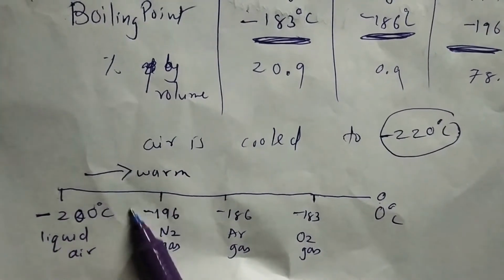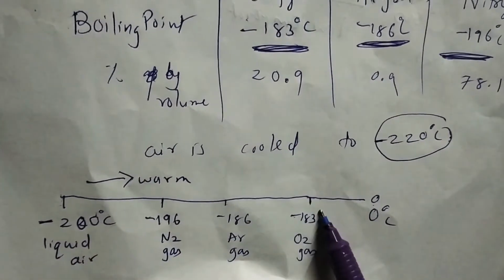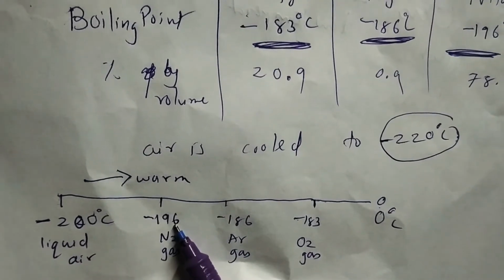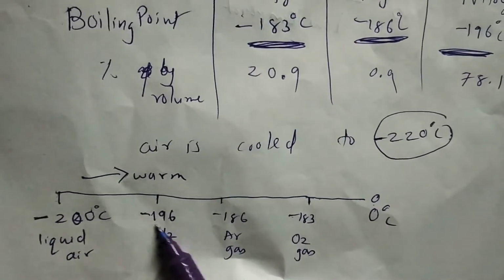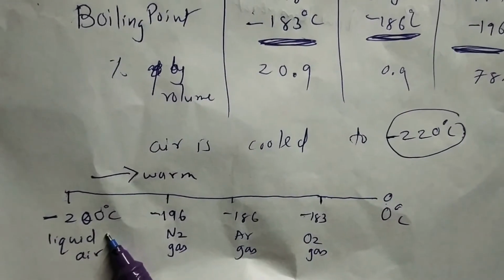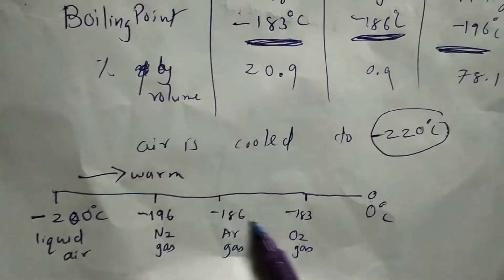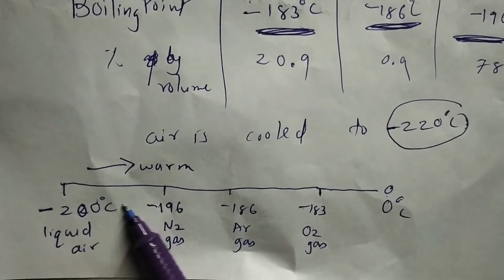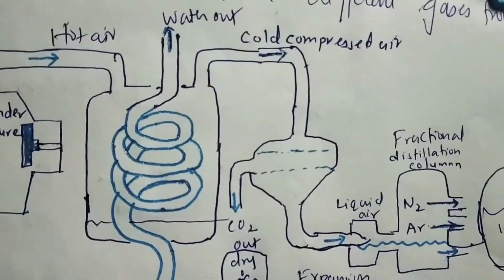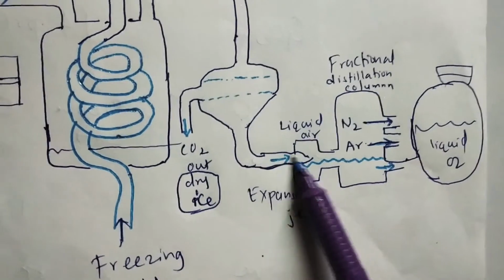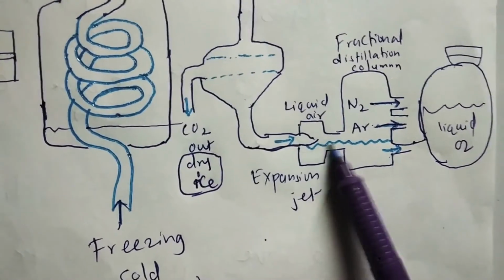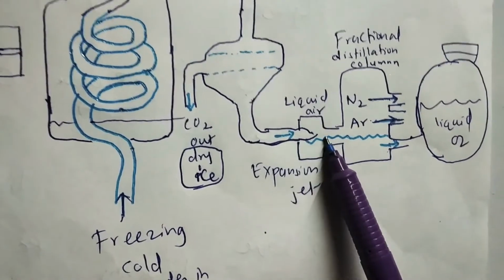Understand, -200 is less. We are moving towards this line. First will be -196. At -196, the liquid nitrogen will turn to nitrogen gas, but these two gases will remain in liquid state. So on warming the air, when liquid air is on expansion, what is expansion? Lowering the pressure and increasing the temperature.